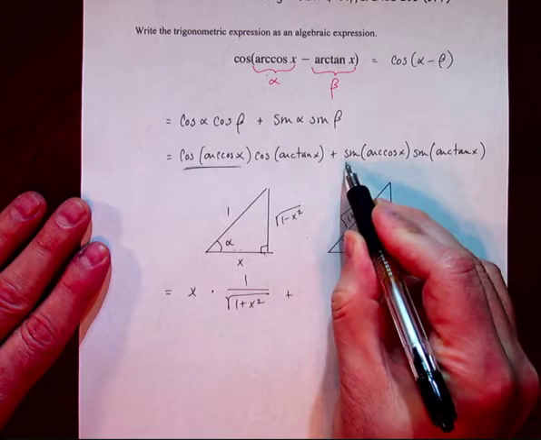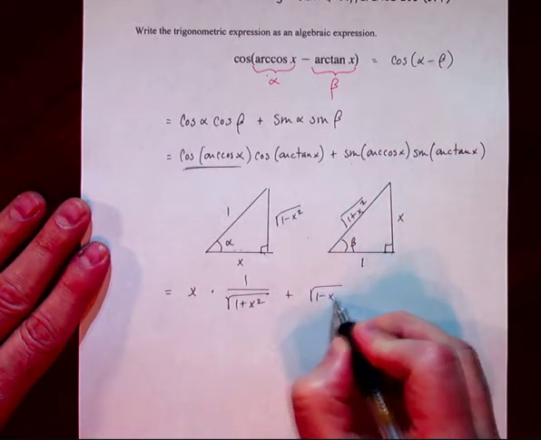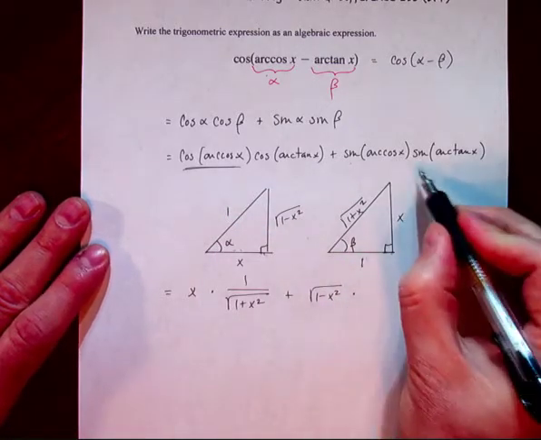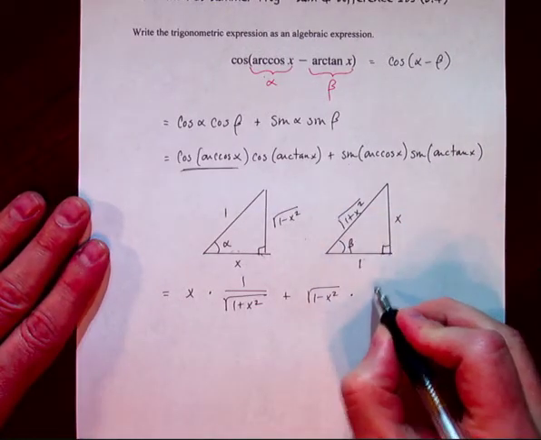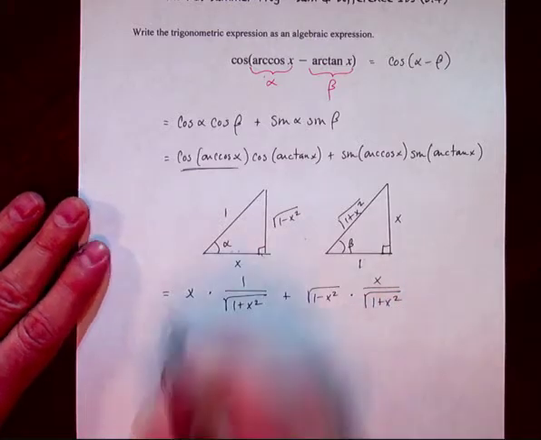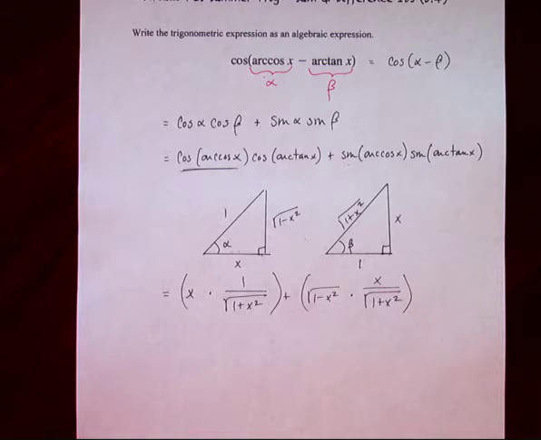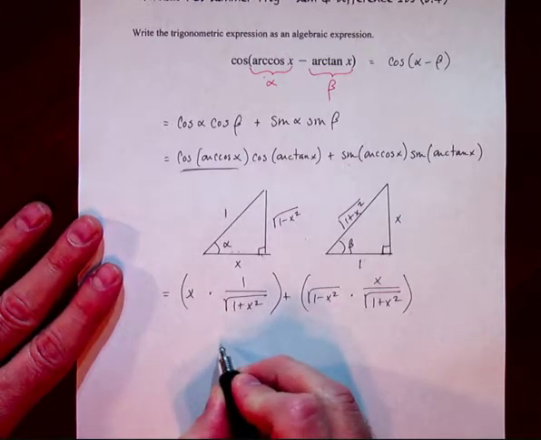Now I need to take the sine of arc cosine. That's going to be the square root of 1 minus x squared over 1. And then I need to take the sine of arc tan. I need to take the opposite over the hypotenuse, which is x over the square root of 1 plus x squared. Both of those terms are rational in structure and already have the same denominator.